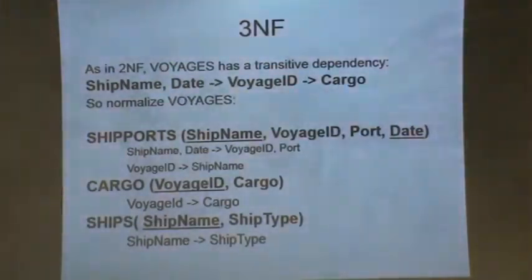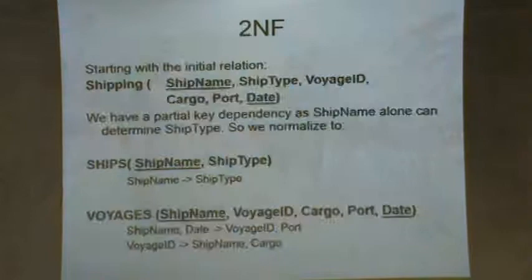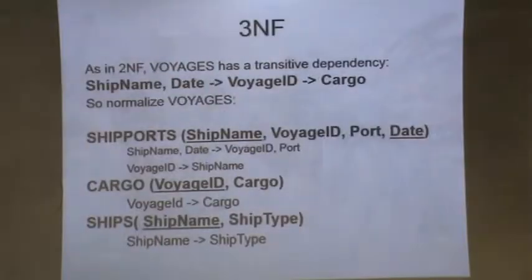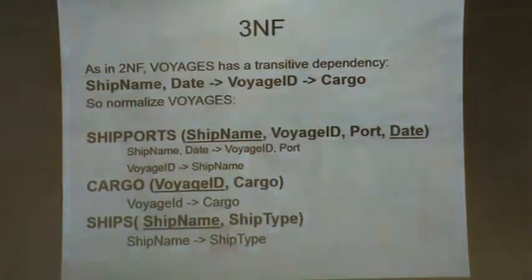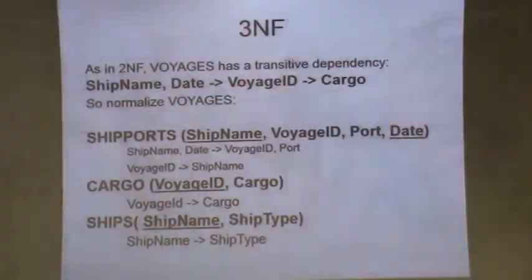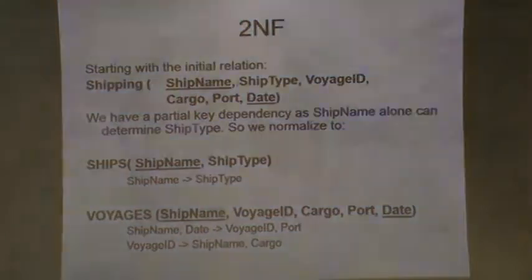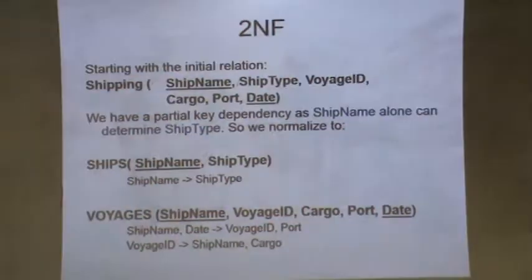So before I was having these three tables. Now I'm having these three tables in a different way, which is still ship name and ship type together, but the cargo is now a different table. Here you were having a different table called only the voyages, so ships and voyages.